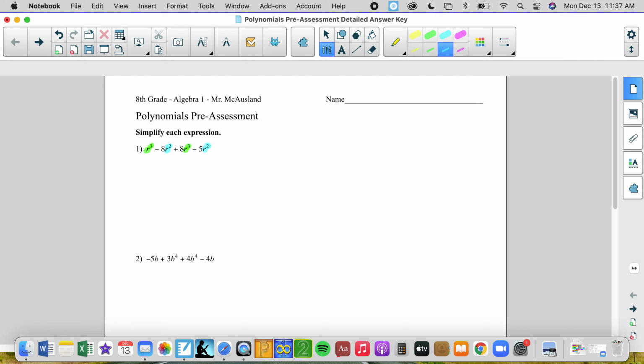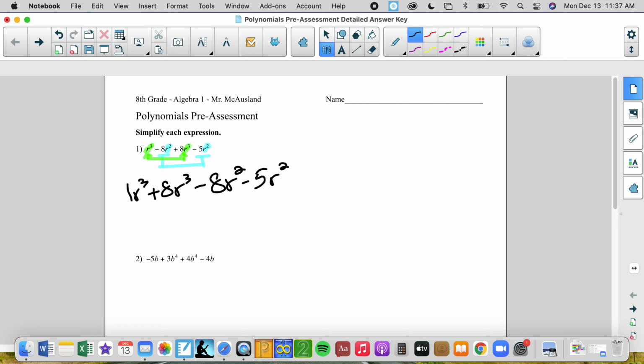When we combine like terms, we will be combining this term with this term, and then this term with this term. We just combine their coefficients. So we're going to combine 1r to the third with 8r to the third, and negative 8r squared with negative 5r squared.